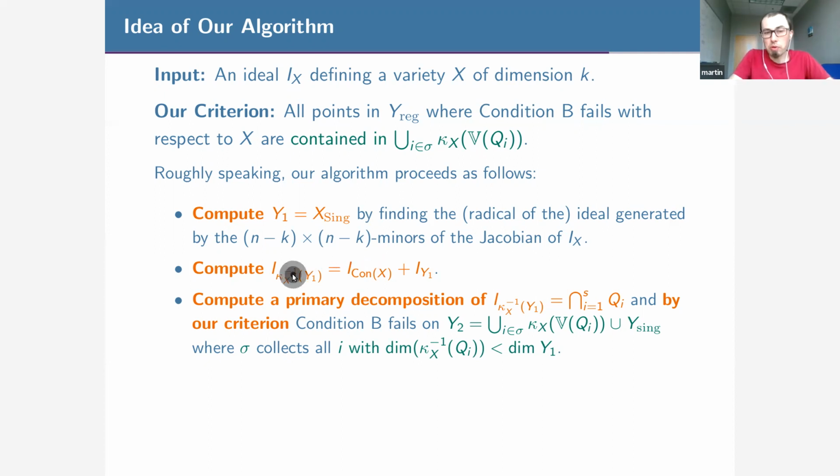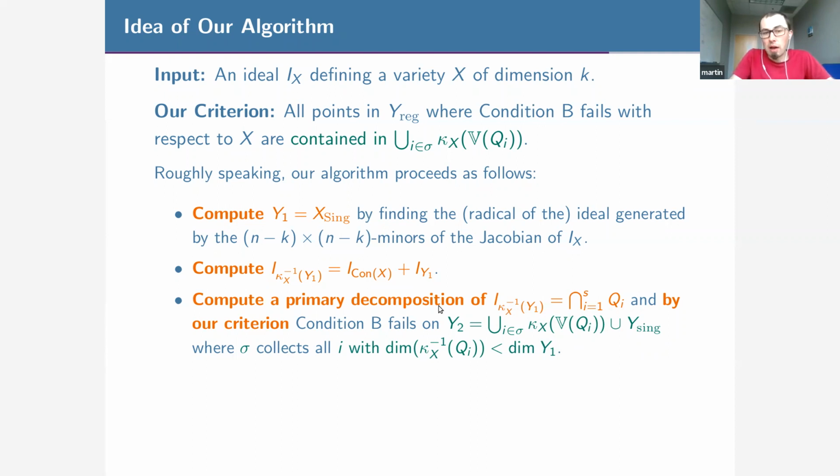So we compute this fiber ideal and its primary decomposition. And then the theorem tells us that condition B will fail on this set Y2, which we get by taking the singular points of Y1, together with all of the points that you get by projecting primary components that project to a space of strictly smaller dimension than the dimension of our singular locus.